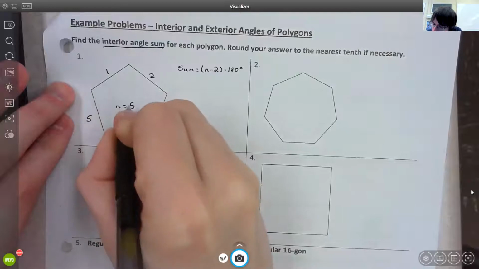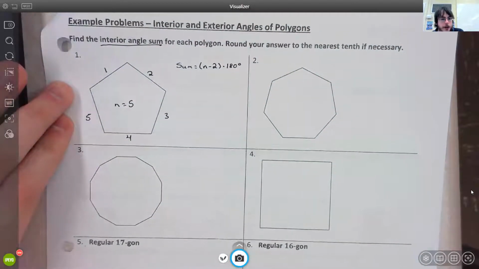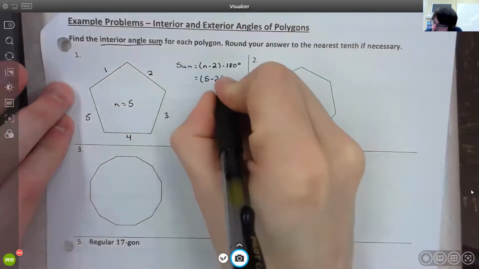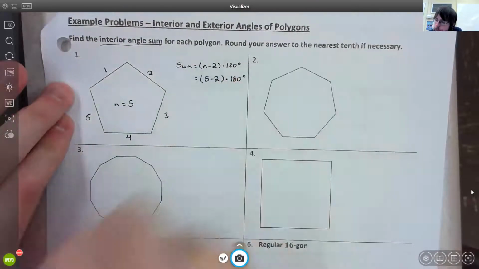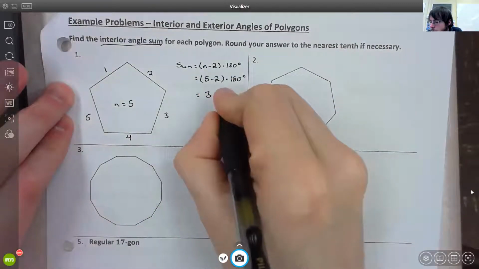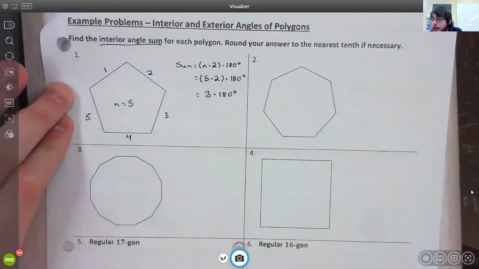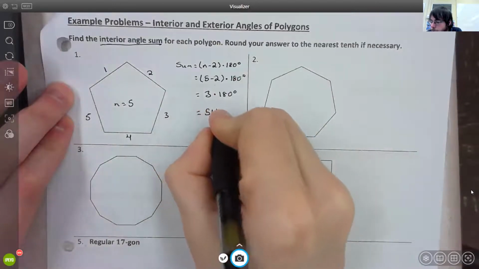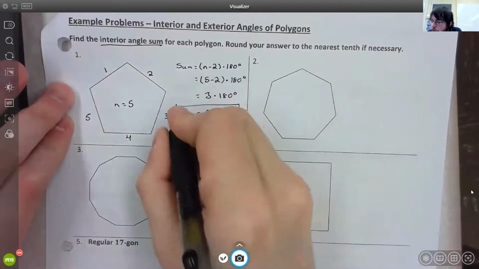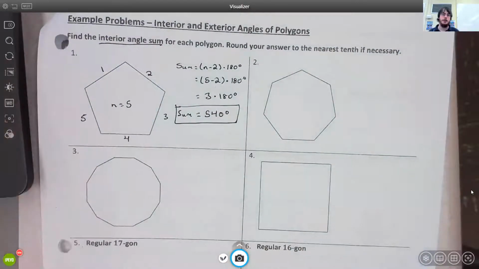So it's a pentagon. So n equals 5. We plug that in, we get 5 minus 2 times 180. 5 minus 2 is 3. 3 times 180 gives us 540 degrees. So the sum of the interior angles is 540 degrees.